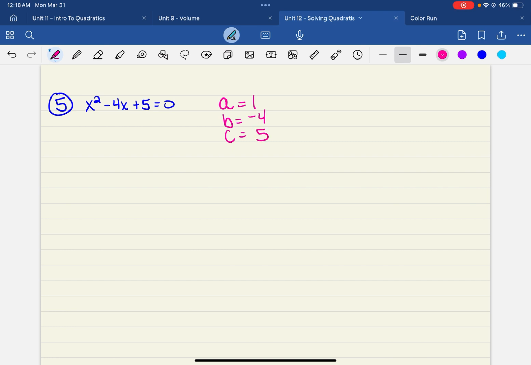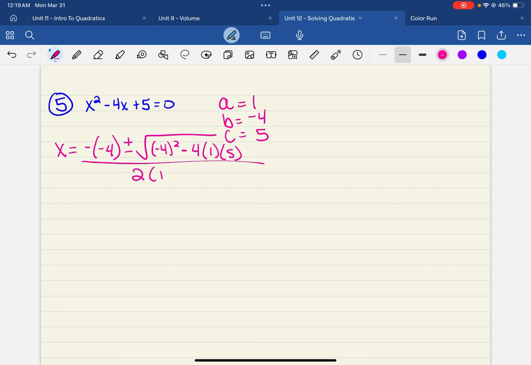All right. X is equal to -B. So that's going to be B value is -4 plus or minus the square root of B squared. So -4 squared minus 4 times 1 times 5, all over 2A, so 2 times 1.